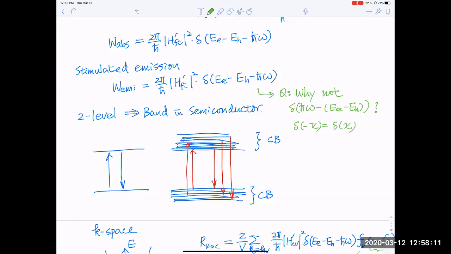And what does the variable R V2C stand for?